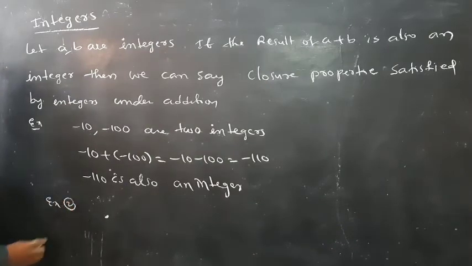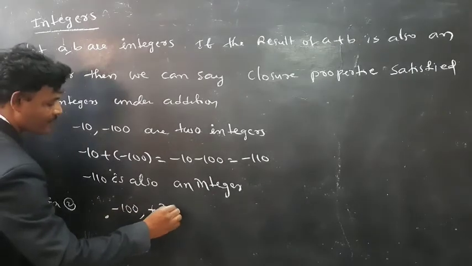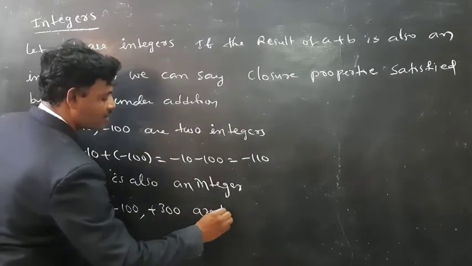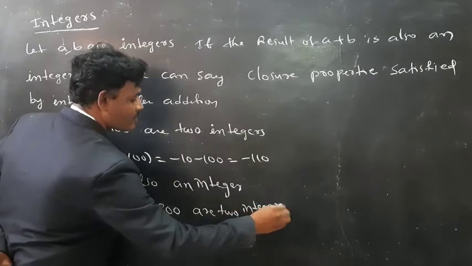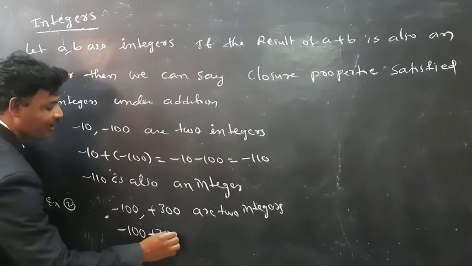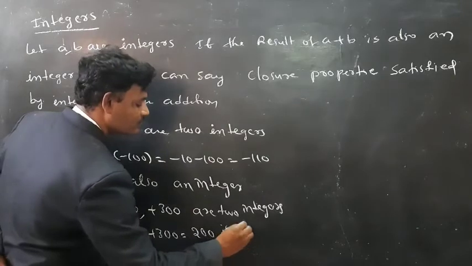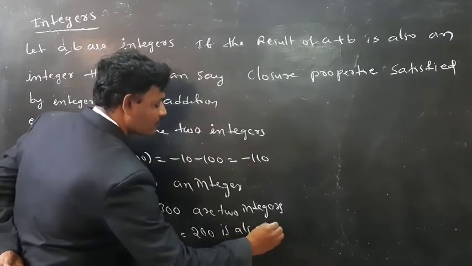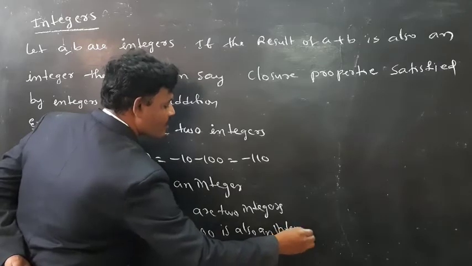Now example 2. Minus 100, 300 are two integers. Then the result of minus 100 plus 300 is equal to 200. 200 is also an integer.